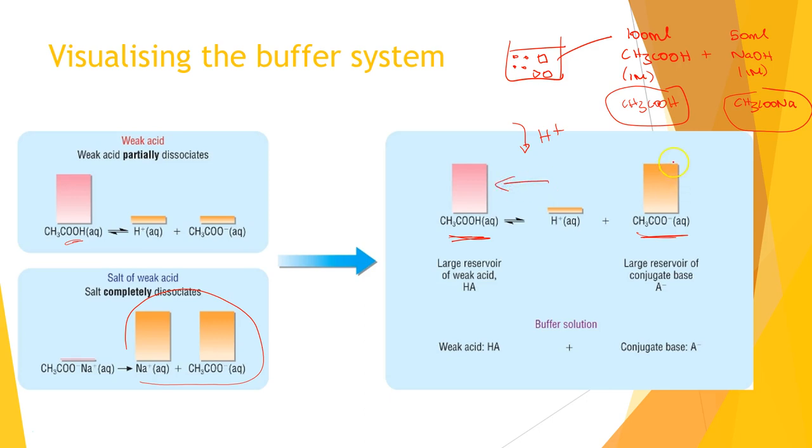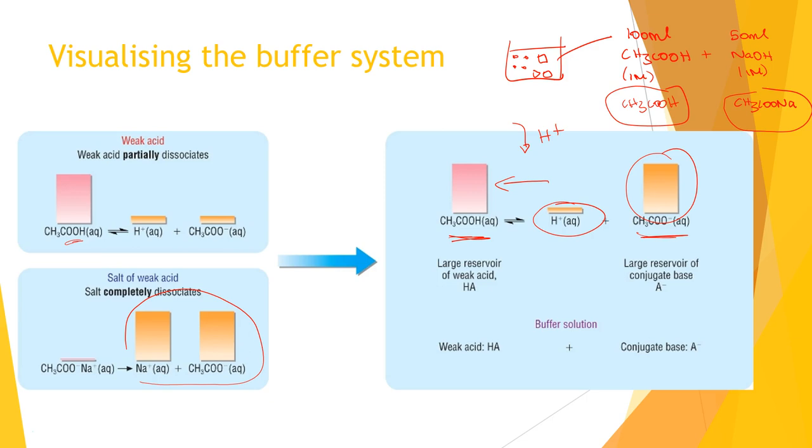Because it has a large amount of salt, it won't change my overall H+ concentration. The salt will be able to pick up this H+ and reform CH3COOH. Because my H+ concentration won't have changed much at all, my pH won't have changed.